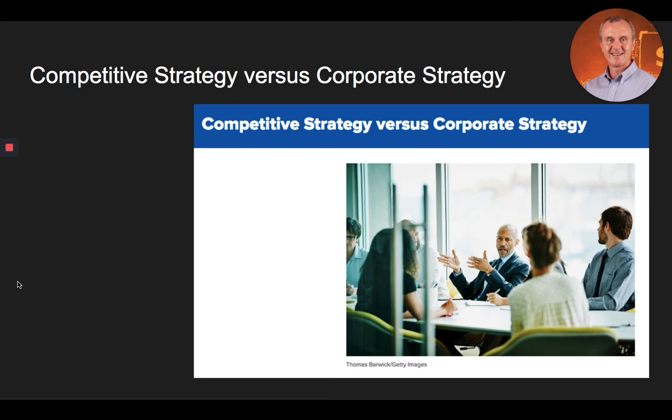So, in summary on competitive strategy versus corporate strategy, strategic management concerns business strategy as well as corporate strategy. Business strategy, which is also called competitive strategy, is about how a firm can gain and sustain a competitive advantage. Corporate strategy, by contrast, is about the management of the multi-business firm and how it can be more profitable than the individual businesses in the firm's portfolio.